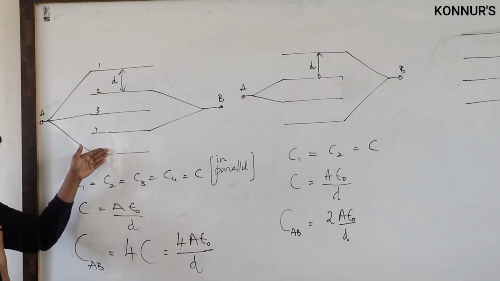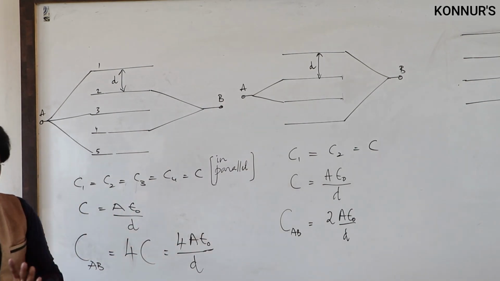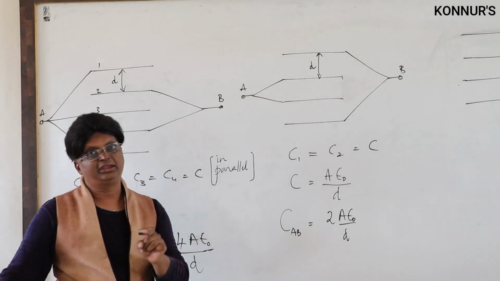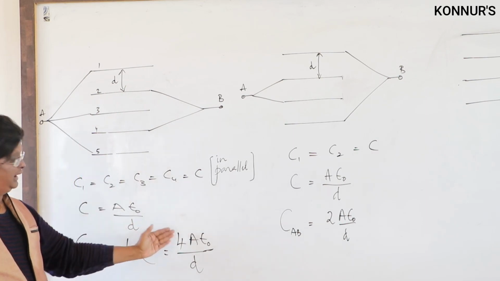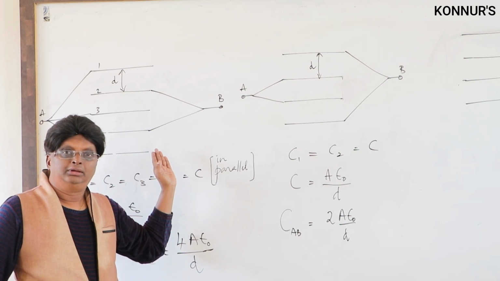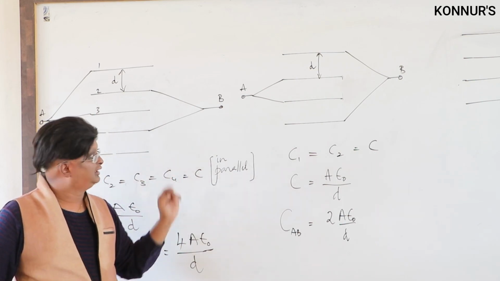Here out of 5 plates you got 4 capacitors. So if in general there are n plates, you will have n minus 1 capacitors, all in parallel, and n minus 1 times A epsilon naught by D will be the result. This is also the case of what is called a variable capacitor.